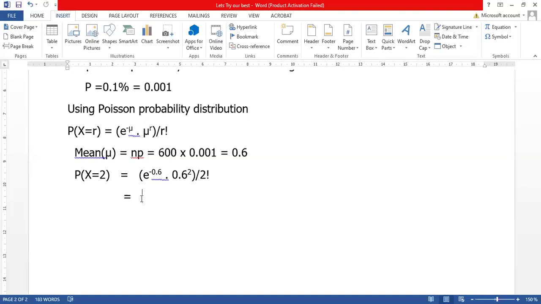The answer is 0.0988. With 3 decimal points it is 0.099, or with 4 decimal points it is 0.0988.